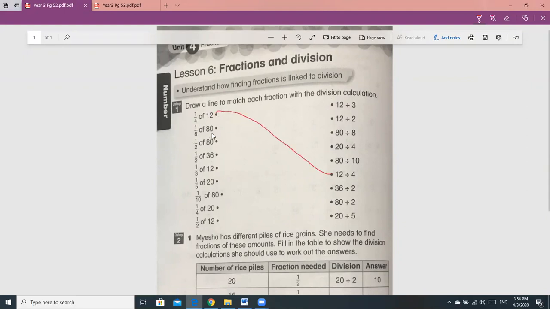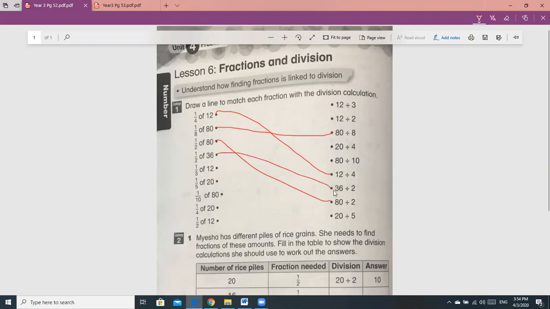An eighth of 80. What am I going to make? It's going to be 80 divided by 8. So I'm going to join it. Half of 80, which means 80 divided by 2. Excellent. Half of 36, so 36 divided by 2. Where is 36 divided by 2?